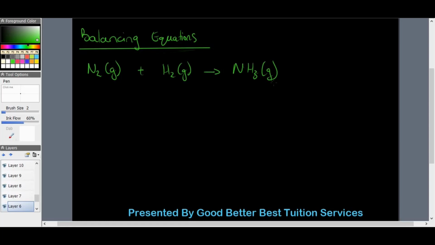Let's go to the right-hand side. On the right-hand side, I only have 1 nitrogen atom bonded to 3 hydrogen atoms. So my left is not equaling my right, and my right is not equaling my left.